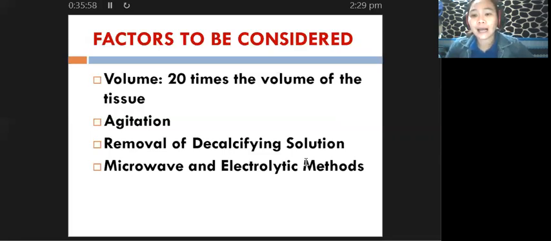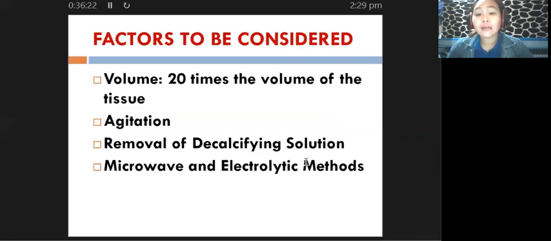When we say decalcifying agents, these are the solutions. There are two decalcifying agents that we use in the laboratory: acids and chelating agents. We only have two.